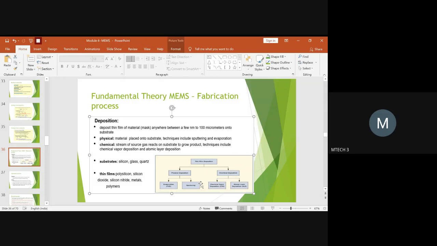There is no need for any chemical process to come in between, and hence the name physical deposition. If you go for chemical deposition, then we have two types, which I already told you: chemical vapor deposition and atomic layer deposition. These are the techniques followed to develop a thin film on the given substrate.